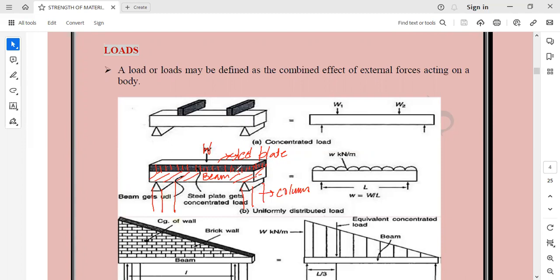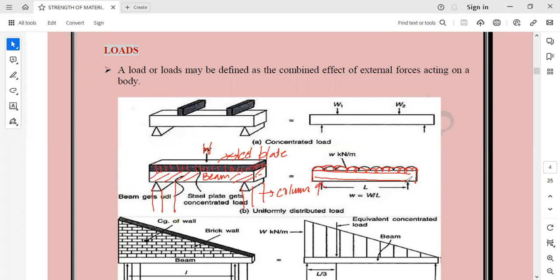This type of load can be called uniformly distributed load. So here it is shown like this. On this beam, you see that a uniformly distributed load is acting on the entire surface of the beam.